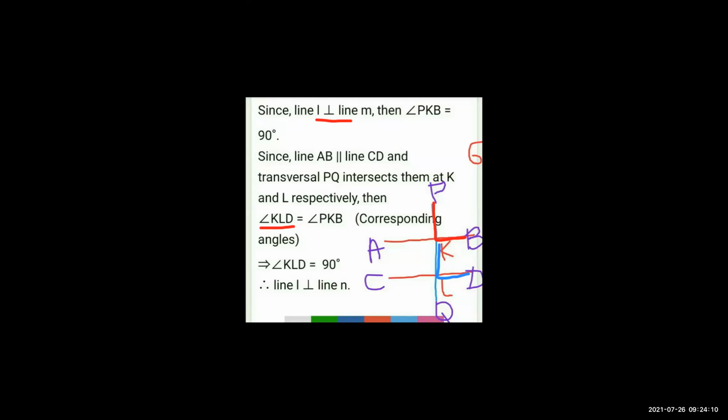So we all know that if two lines are parallel, the corresponding angles formed are congruent to each other. Now, if one angle from that pair, angle PKB, is 90 degrees, then its corresponding pair is angle KLD.